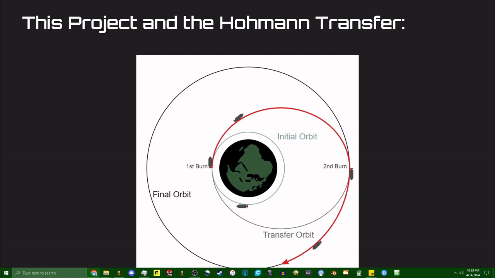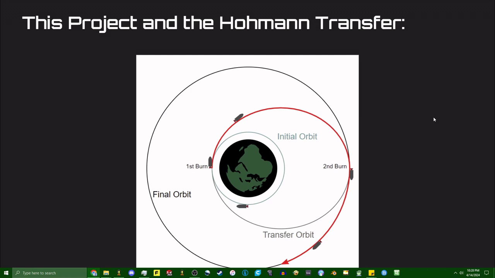In this case, you're just trying to go from a circular orbit to a circular orbit. There's not a target or anything, not a space station that you want to dock to and meet up with, or a planet or a moon that you want to match speeds with to eventually land on. But that's how the principle is applied in this case.